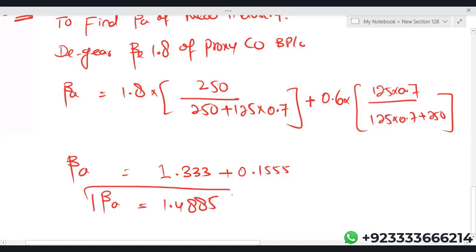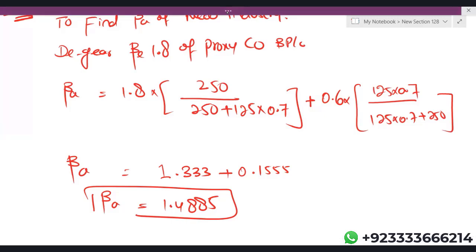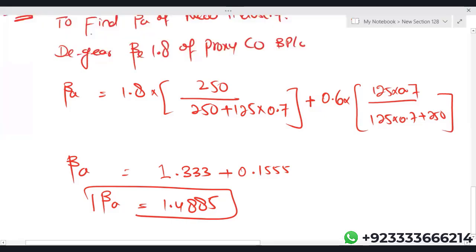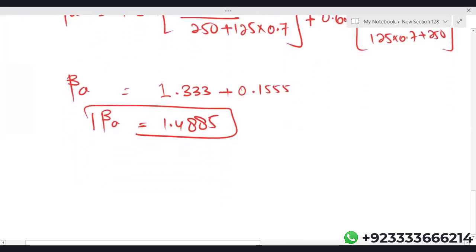Till here it is very simple. Obviously, very easily we can solve this in Excel as well. The question is, when we are going to gear this up with the financial gearing of APLC, then how to manage? Let me explain.